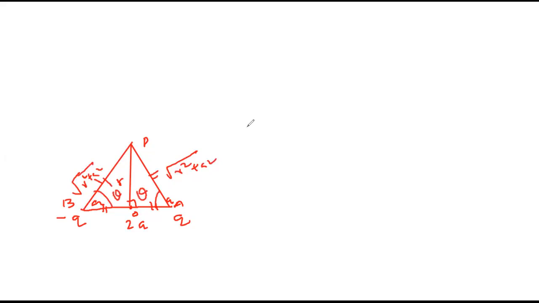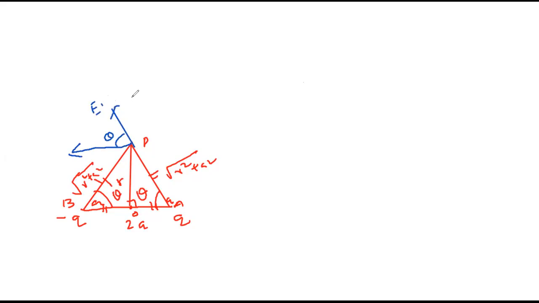Intensity at point P due to the positive charge will be directed outward. So this is E1. Now draw one ray here.